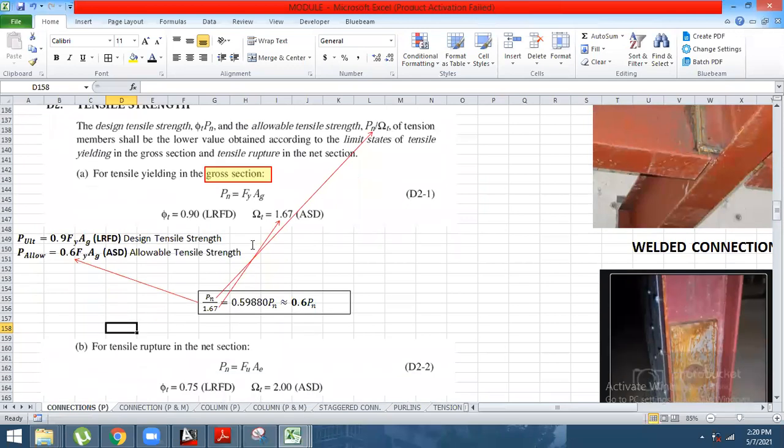How about for ASD, sir? Our phi for ASD is 1 over the factor of safety. Our factor of safety for ASD is 1.67, so that is 1 over 1.67 Pn. That would result to 0.5988, which is 0.6 Pn, so that is 0.6 Fy Ag. Those are the capacities under tension yielding.